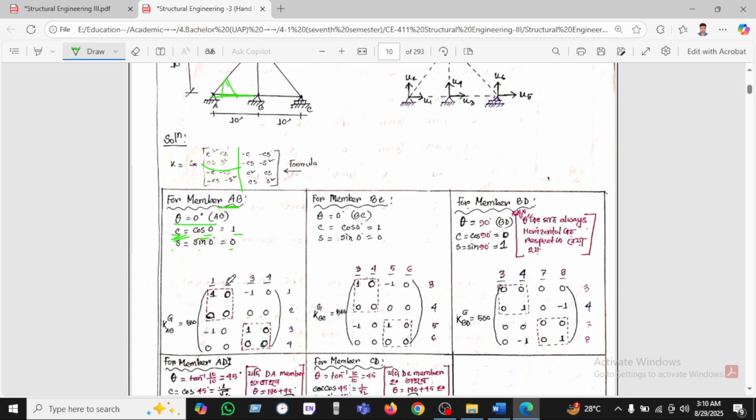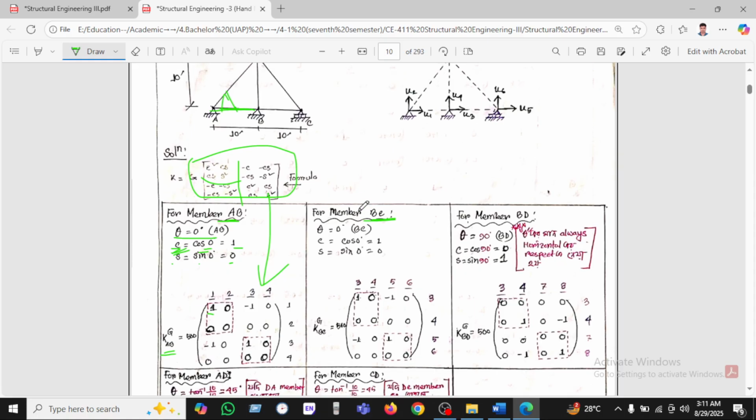So in this format, C square, CS, S square, we just put all the C values, 1 and 0, 0, minus 1, 0, 0 and 0, and find the global stiffness for A. Similarly we can see BC.